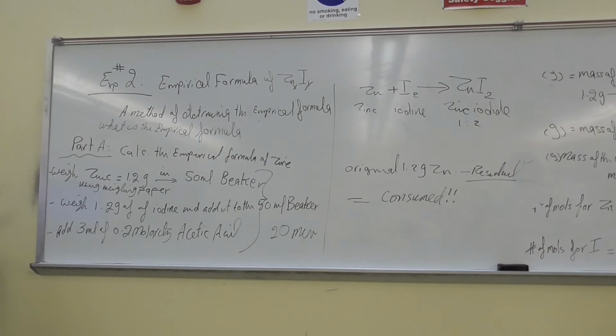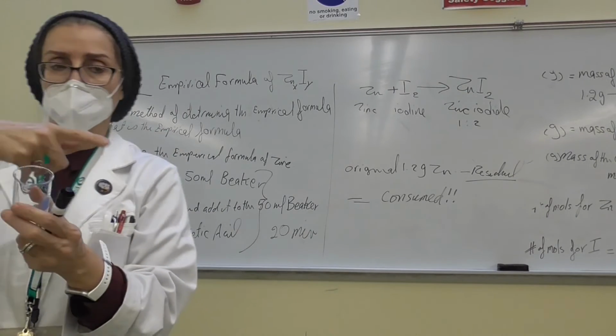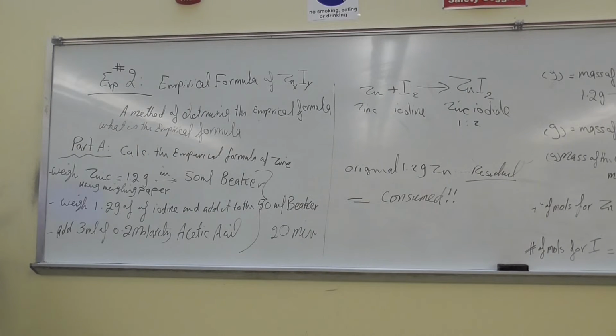You have to make sure that it is dried, because if you have any of the solution of acetic acid, it is not going to weigh correctly. So usually what we do, because we have a hot plate, you've seen that it says cracking. Cracking, just rub it like this on the hot plate.